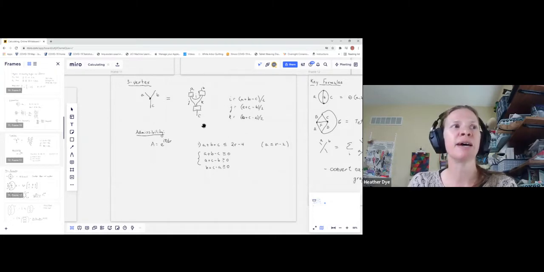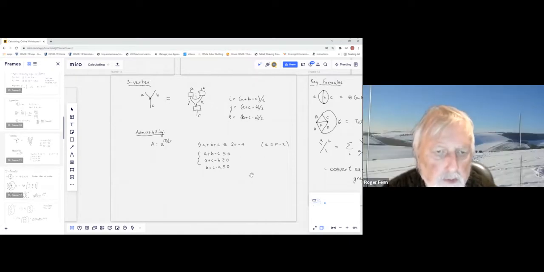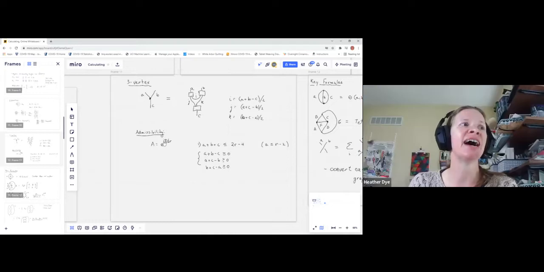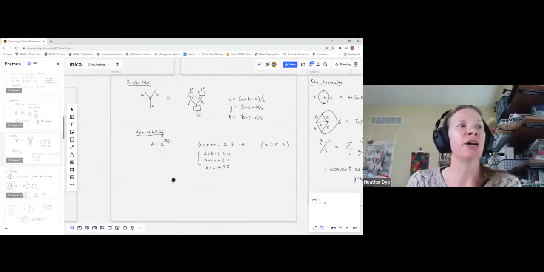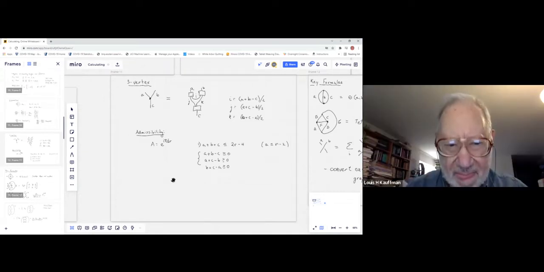So Lou talked about some of these relationships a little bit. Sorry, Heather, what was A again? Capital A? A is e to the i pi over 2r. It's the bracket polynomial variable. Oh, of course.